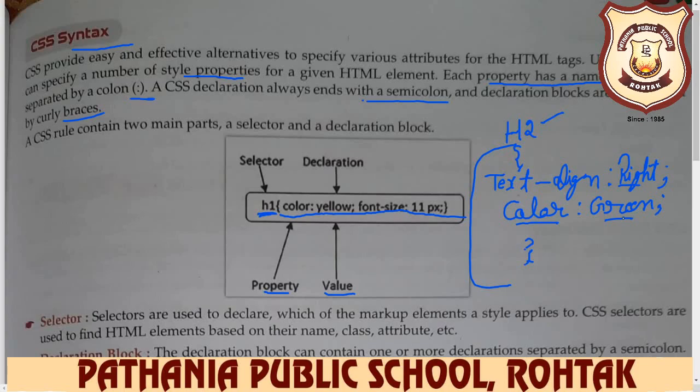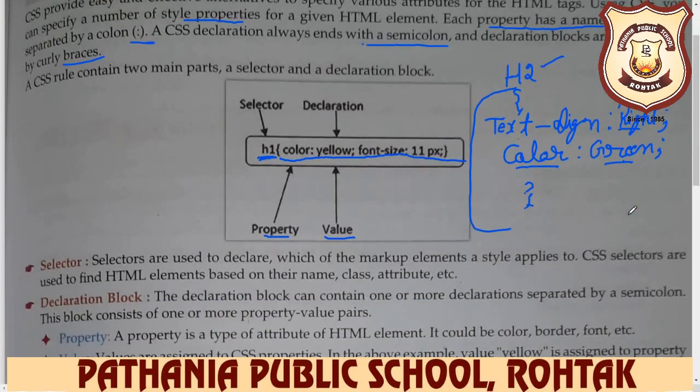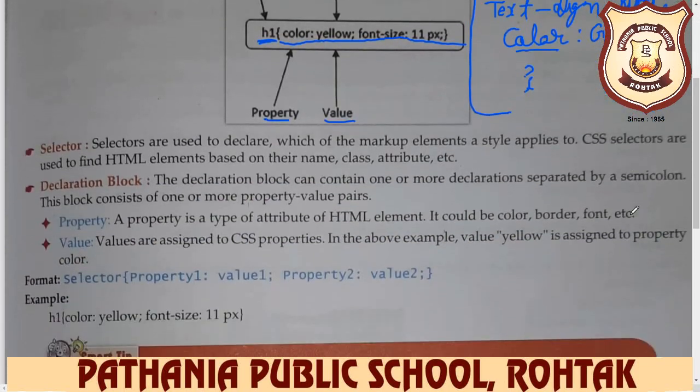Now what is selector? We again brief it. Selectors are used to declare which of the markup element, which of the heading markup, your paragraph markup, which markup element a style applies to.